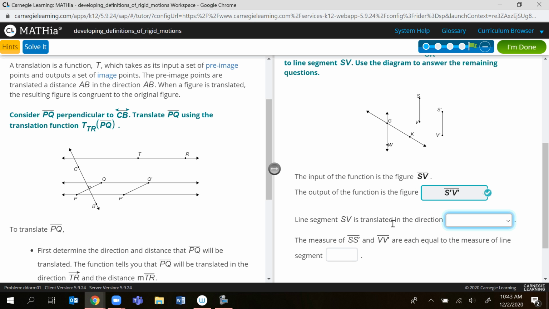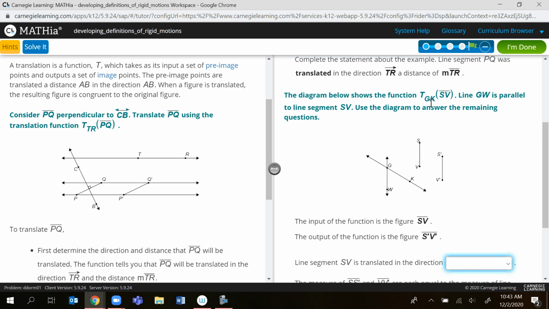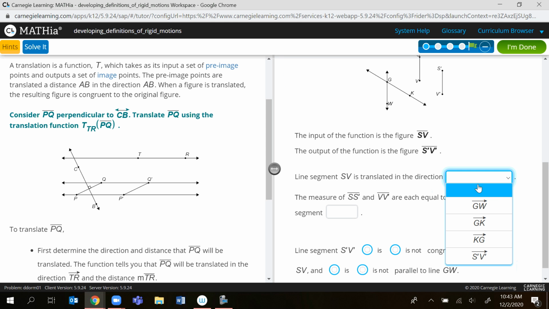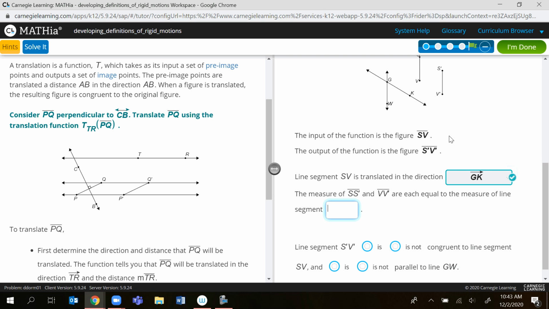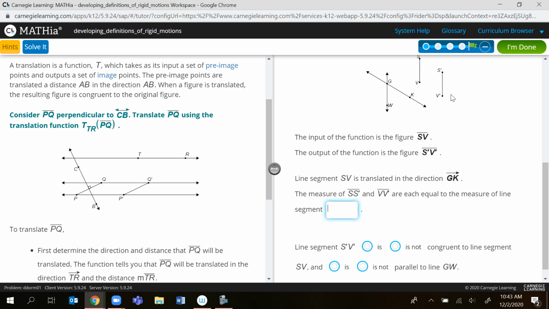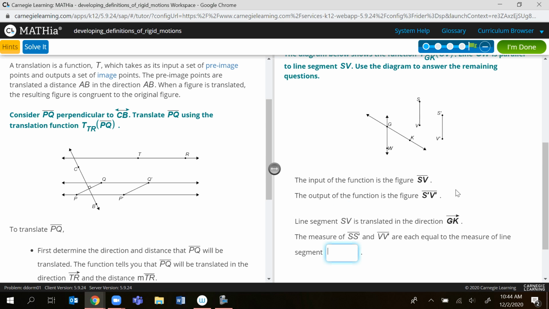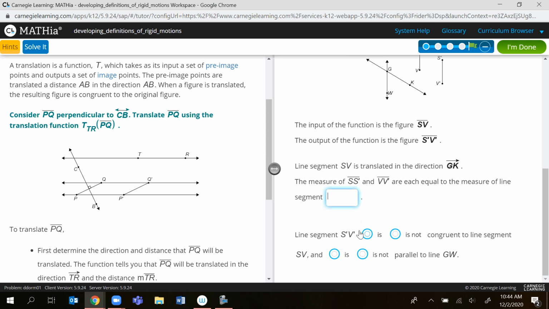Line segment SV is translated in the direction of, remember we are using GK, so GK. The measures of SS prime and VV prime are equal to the measure of the line segment. Remember it is GK, and in this case we have to type it, GK, and don't forget to press your enter button.